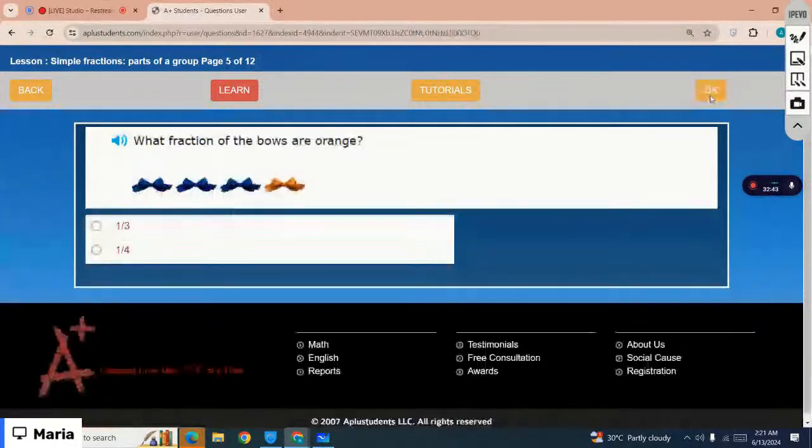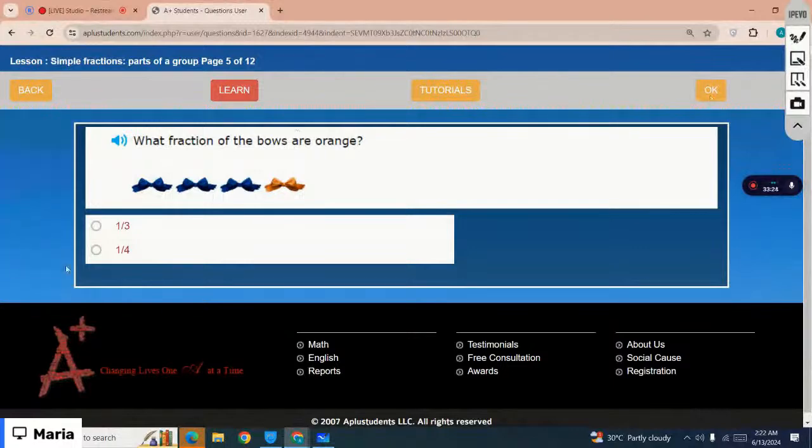What fraction of the bows are orange? Which is the correct option? That is 1 out of 4. Very good.